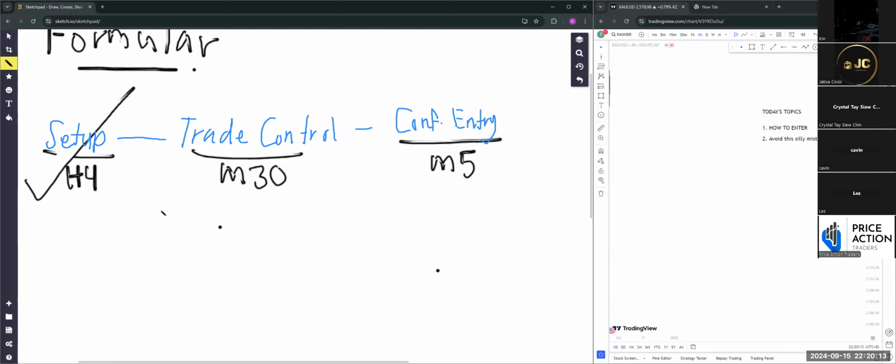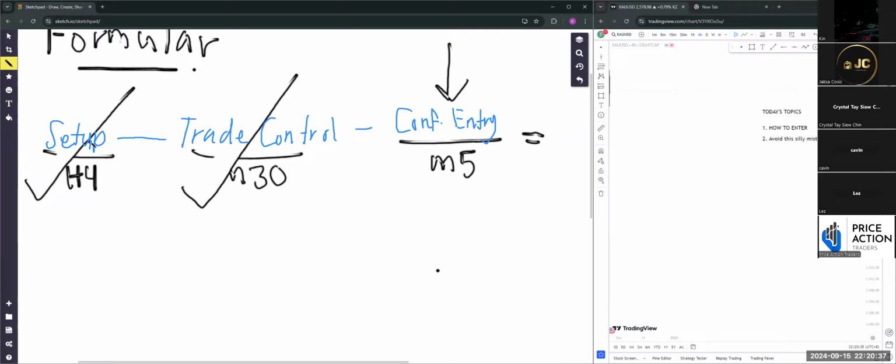The next thing is we need to look for the trade control, and you find a very good trade control. But the third one, you cannot find the confirmation entry. So can we take a buy? Can we take a sell? That's the question. You have setup, you have trade control, but you don't have a confirmation entry.